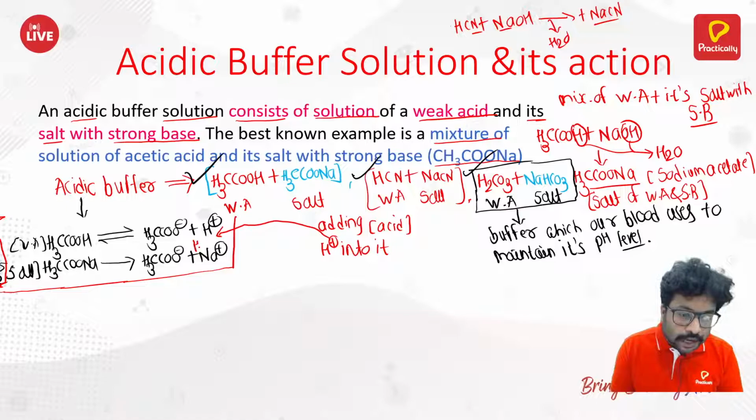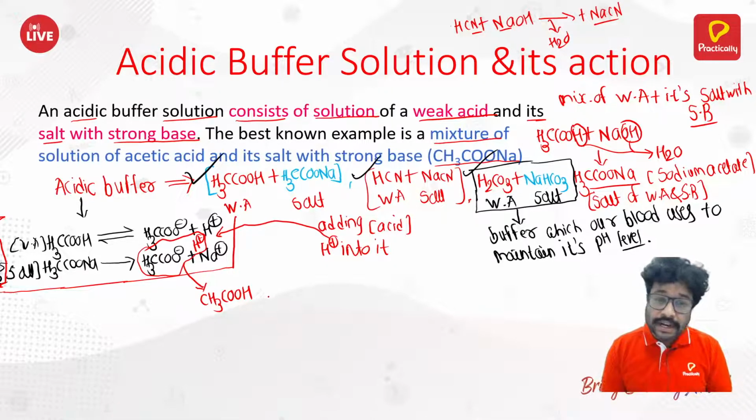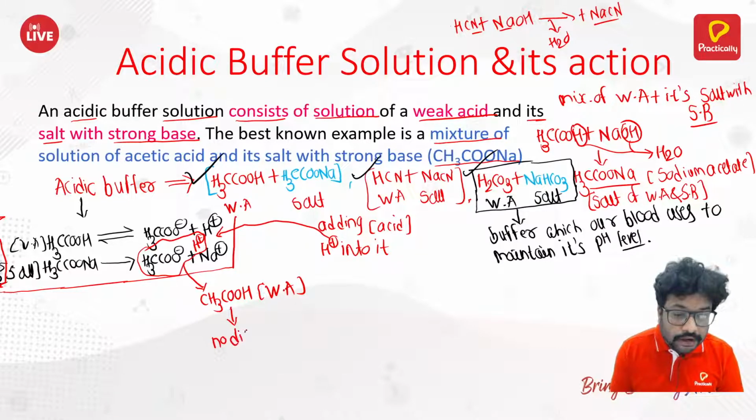That H plus ion would combine with CH3COO minus, right? And CH3COO minus on combining with H plus ion will give you CH3COOH. Now what is CH3COOH? It's a weak acid. So being a weak acid, it will not show any further dissociation.